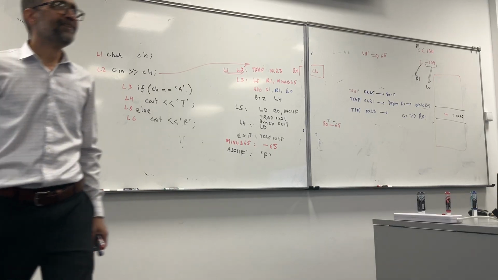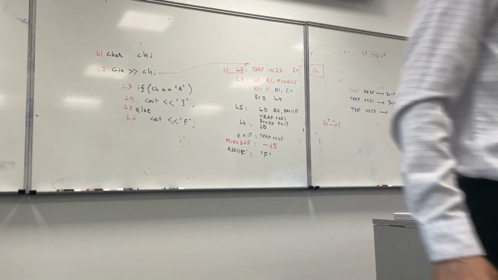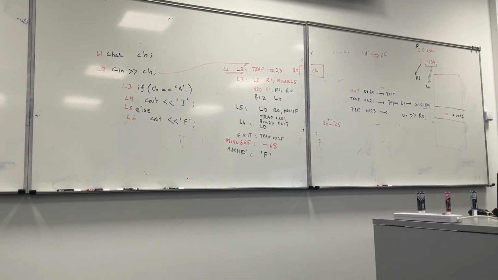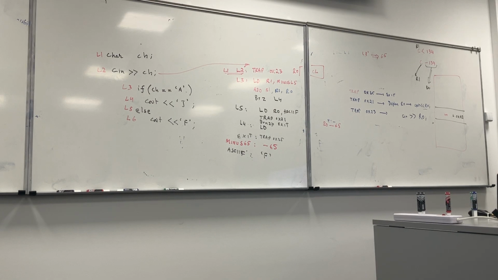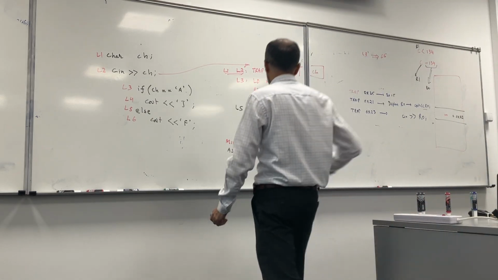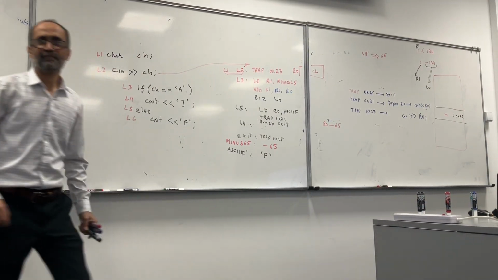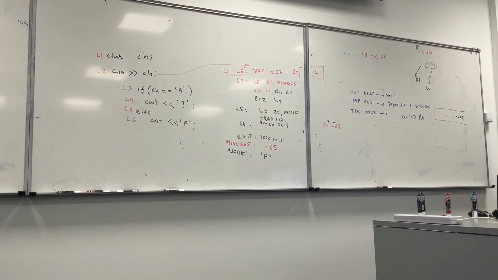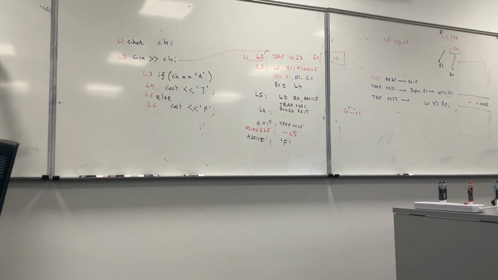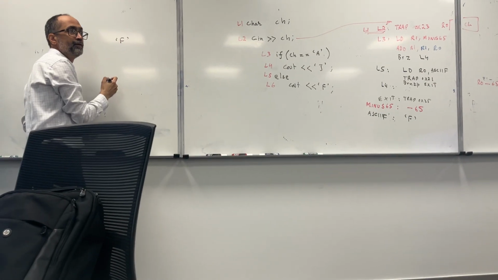Now, I can do it very efficiently. Instead of doing that, I can do a trick. Please remember, this is a trick. Please think of the trick. F. What is after F?